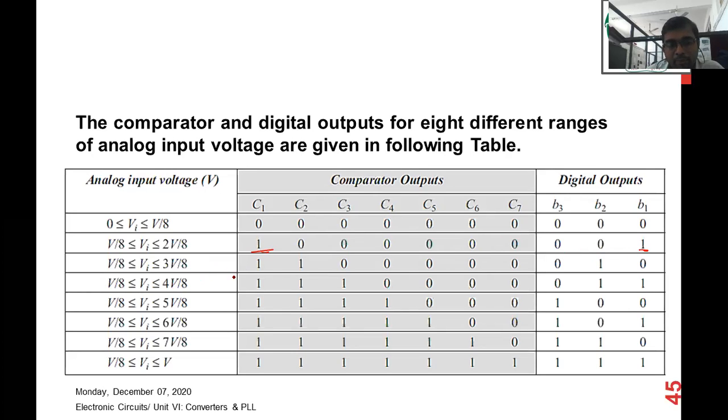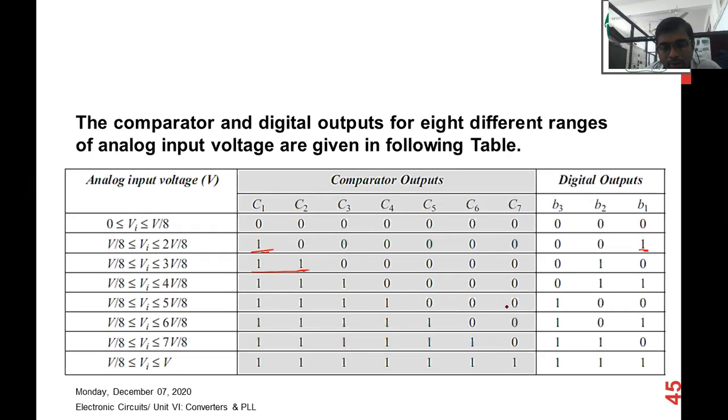With every increment of the voltage, as we go from one range to the next, one more comparator is activated, and in this way your digital output also changes according to the combinations.